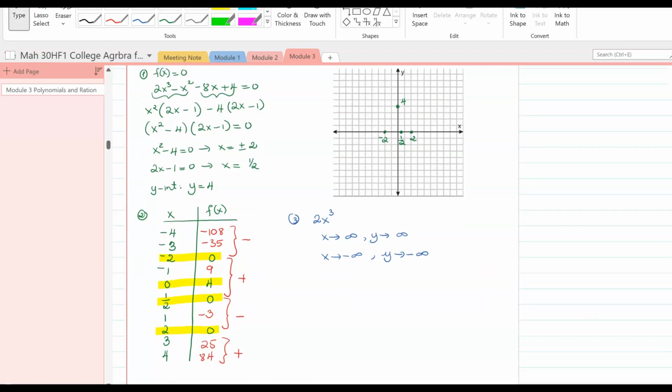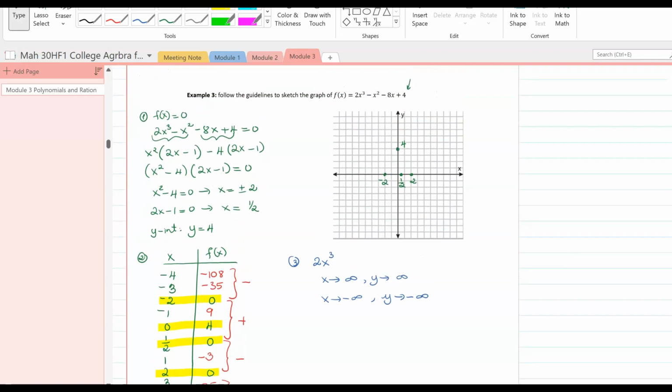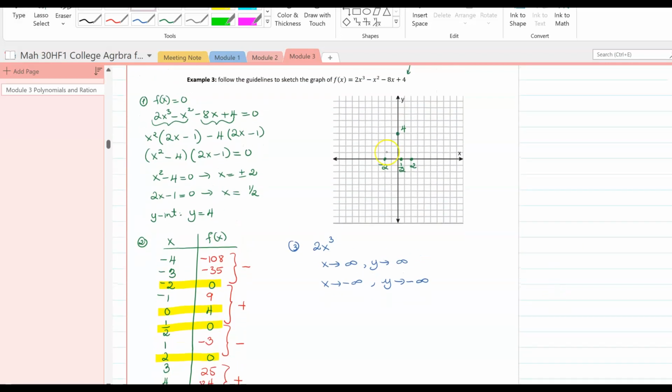So let's try to plot the graph as best as we can. Negative 1, 9. 1, negative 3. And 3, 25. So it looks like your graph is doing this.